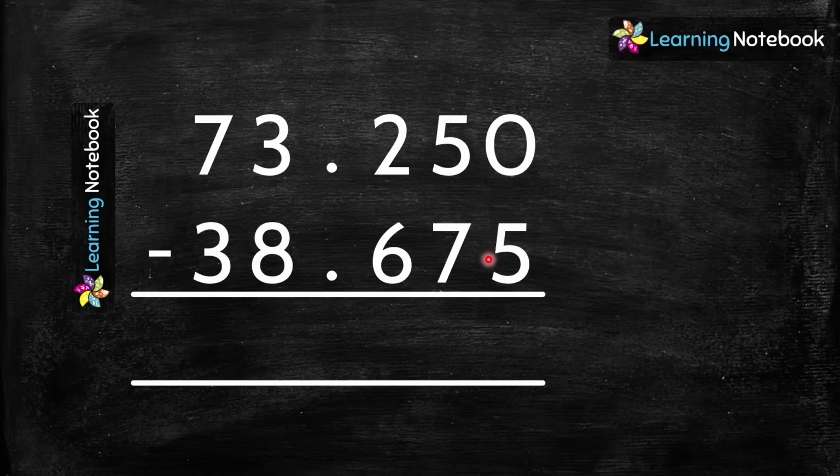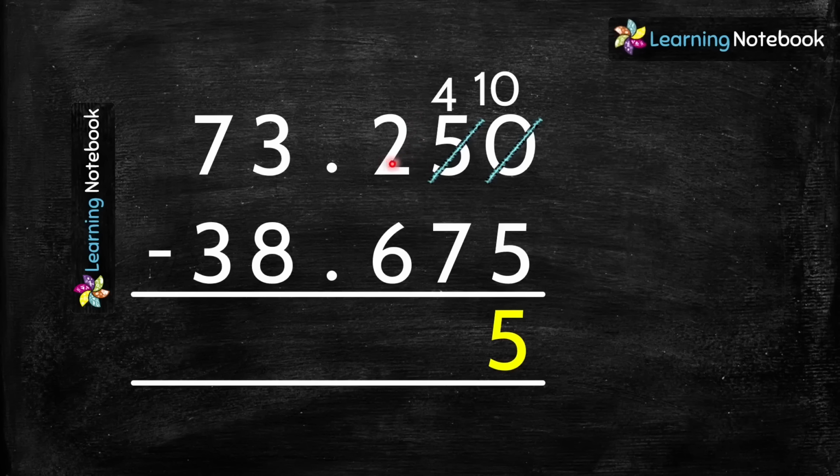0 is weaker than 5. So 0 borrows from this 5. So 5 becomes 4 and 0 becomes 10. 10 minus 5 equal to 5. Next, 4 is weaker than 7.